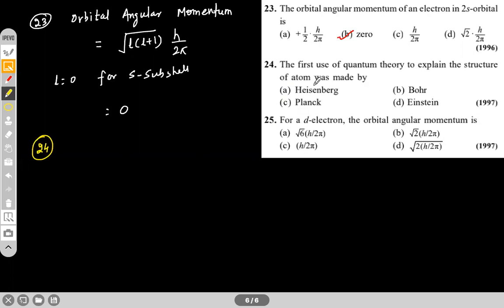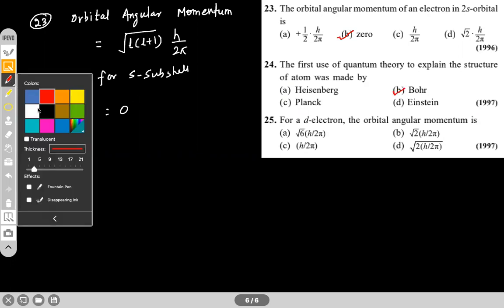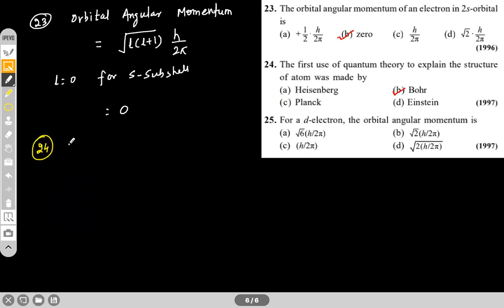Bohr's theory was based on the postulates of quantum theory, because it contains the wave characteristics also, based on Planck's equation. That's why the answer for this 24th one is B. Some postulates of Bohr's were based on the quantum theory.